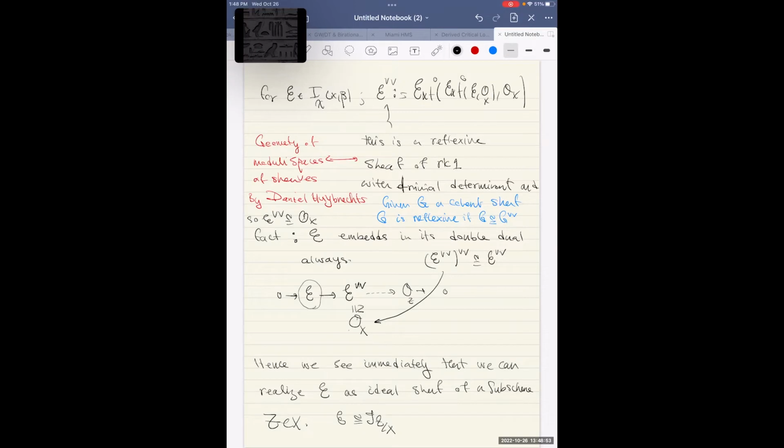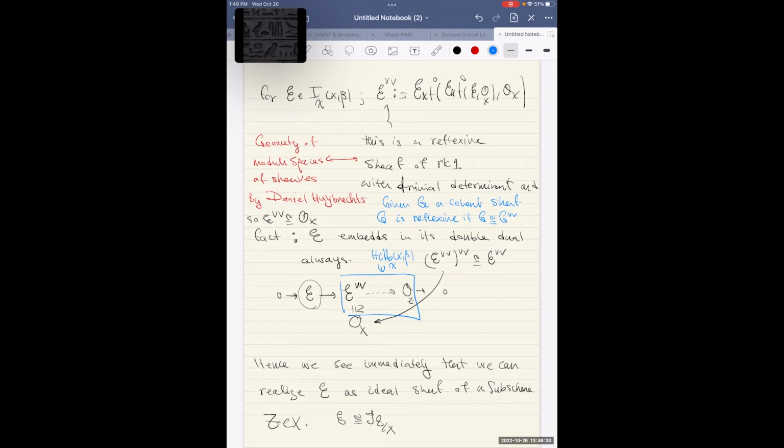This is why at the level of closed points there is a one-to-one bijective map between the Hilbert scheme and this moduli space of sheaves. As soon as you give me one of these sheaves E, I can take the double dual, it embeds inside, and it produces the quotient. This quotient is something that is in the Hilbert scheme. Therefore, I can immediately map bijectively to the Hilbert scheme.